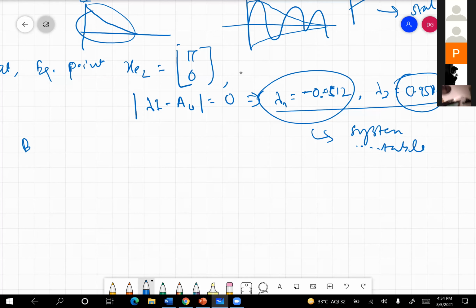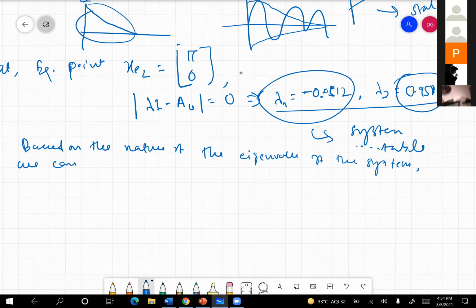Based on the nature of the eigenvalues of the system, we can analyze the state trajectory.